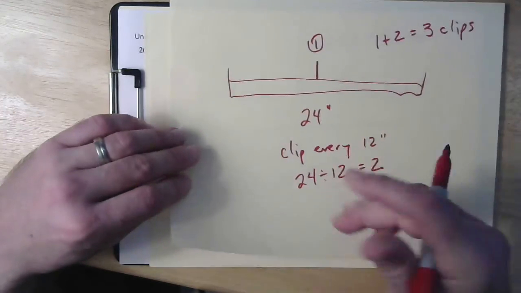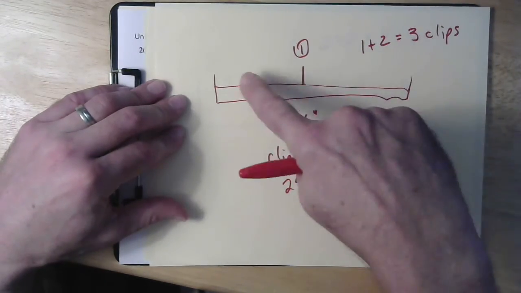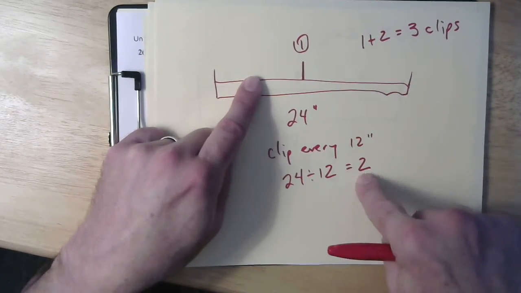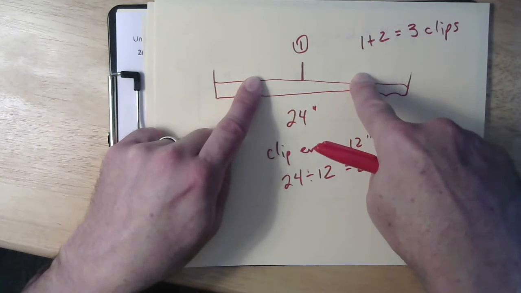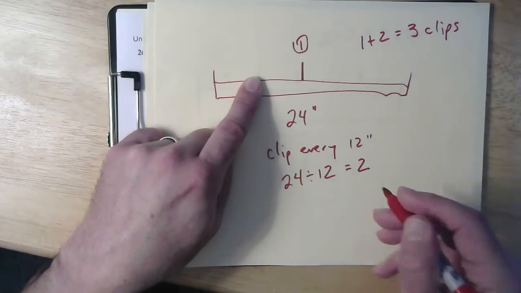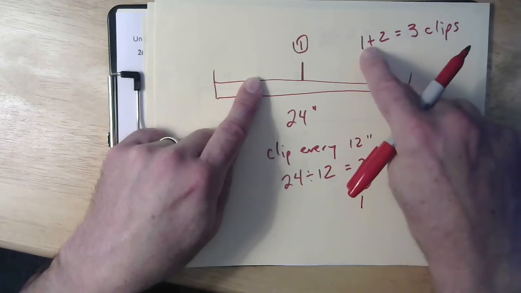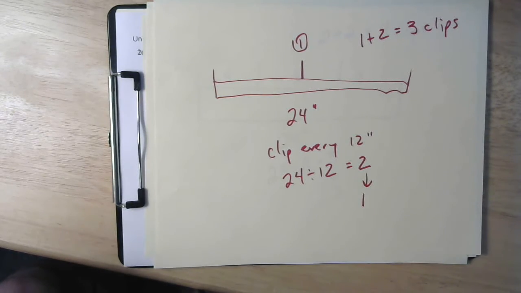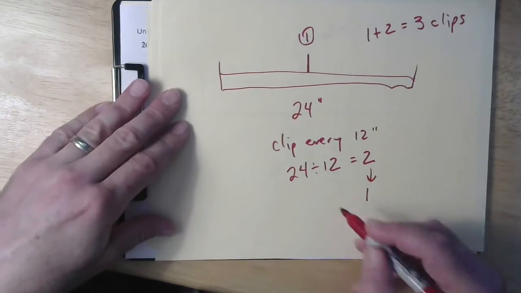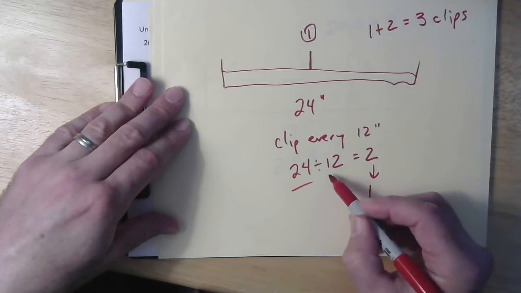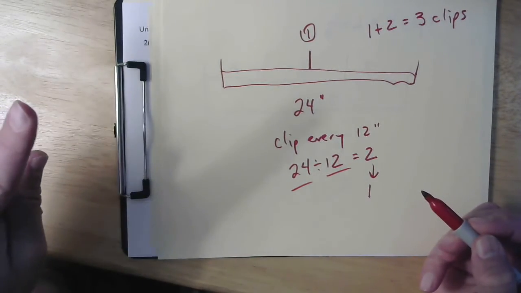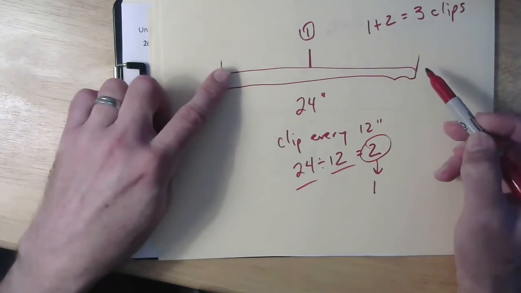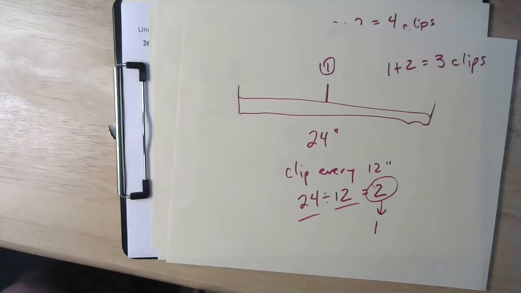And then when I did this one, if I did them every 12 inches, so if I chopped it up into 12-inch segments, there were 2 12-inch segments, but I don't put a clip in the middle of those, I put them in between those 2, so that goes down to 1, and then I add the 2 clips on the end. So every time, what I've now learned is my pattern is, I'm going to take my seawall length, divide by the amount of space in between clips, get a number, drop it down 1, and then add the 2 clips on the end.